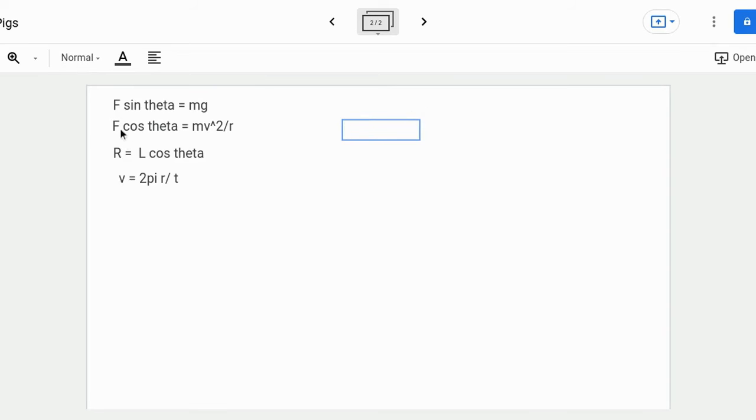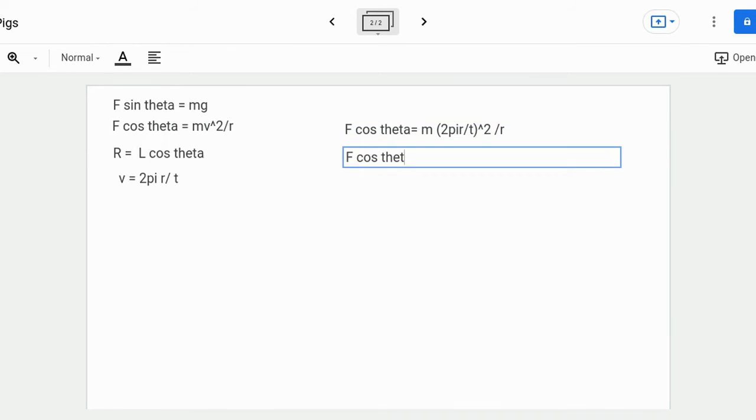So right away we can see in this second equation, F cosine theta equals m v squared over r, we have this v, which we already have something we can substitute in for. So we're going to start by substituting v into this equation, which gives us F cosine theta equals m times v squared, so that's 2 pi r over t, squared, all of that divided by r.